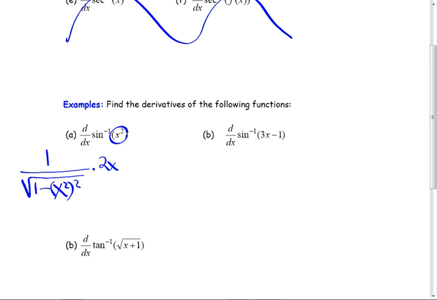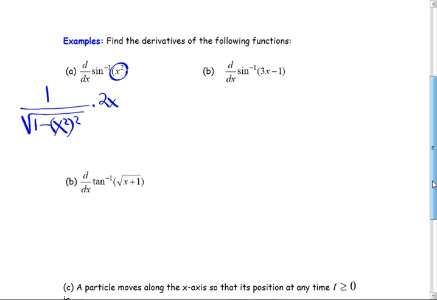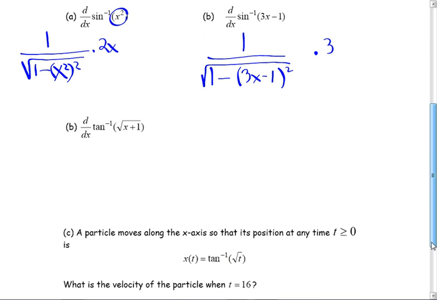Alexi, do you know how to do this one? 1 over the square root of 1 minus, what's the input? 3x minus 1 squared times 3. Sorry it takes forever to come up with this. It doesn't take long to do it.